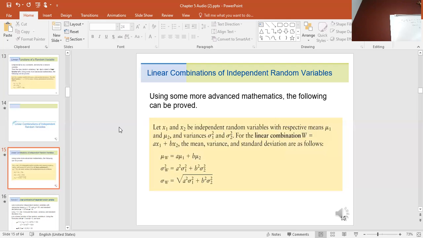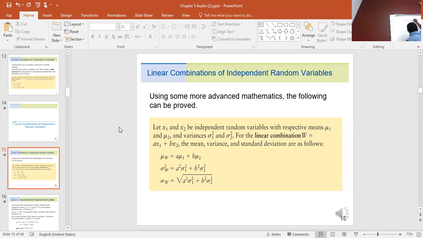The standard deviation of W is the square root of A squared variance of x plus b squared variance of y. So if we find independent random variables, we can also find the variance of their linear combination.